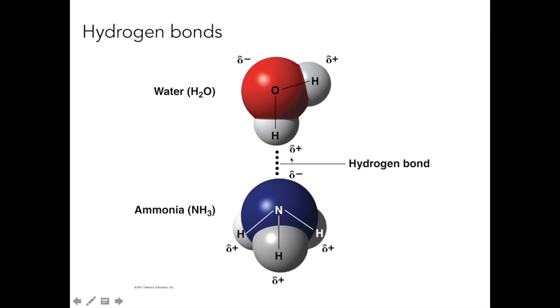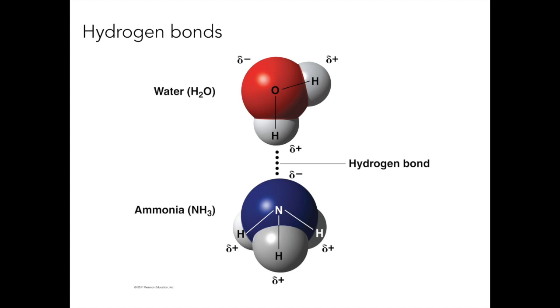So they are a little bit positive, while the nitrogen atom here in ammonia is a little bit negative, because nitrogen is a little bit greedier for those electrons than the hydrogen atoms in ammonia. So they're attracted to each other. This partial positive and this partial negative charge attracts these things to each other.